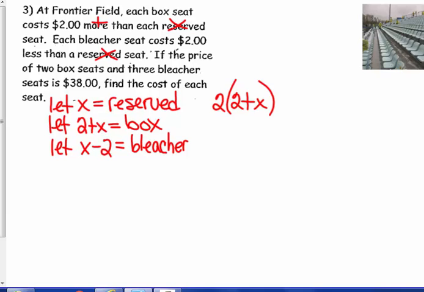Must do the 2 times as a distributive problem. If the price of 2 box seats and 3 bleacher seats, again, we have a quantity, 3 bleacher seats, is $38. And again, I'm not going to put the decimals on there. That's the equal sign. Find the cost of each seat. So we have double distributive, like terms, watch the negative, solve, and answer in a sentence.